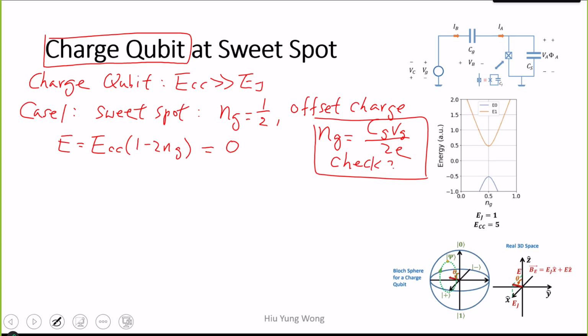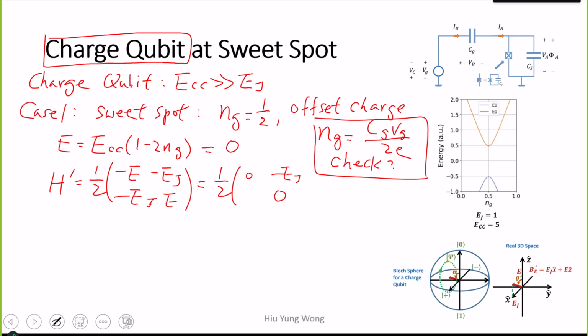And what will happen to the Hamiltonian? Then it means H is equal to half, as I told you, right? E, negative EJ, negative EJ, E, right? I also remember the equation. Equals to half, 0, negative EJ, negative EJ, 0, because the diagonal terms are E, right?